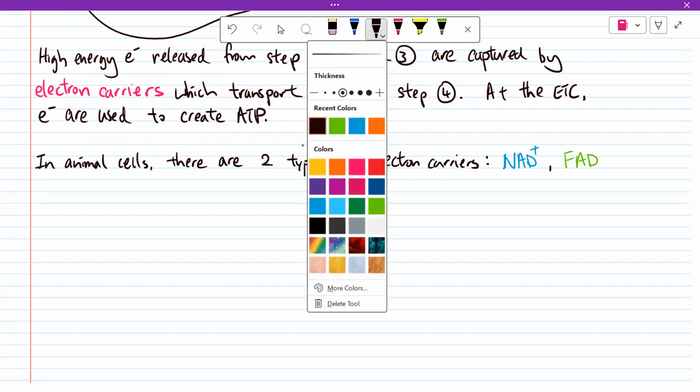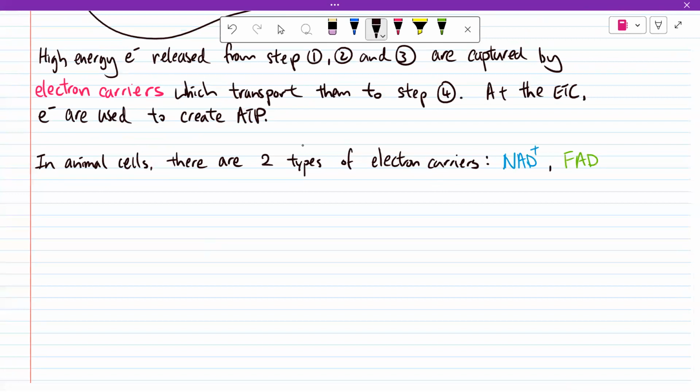So let me try to show you this. Don't write it down yet. Just try to understand it first, and then you can copy it down. So in steps 1, 2, 3, you're going to release the high energy electron, like this.